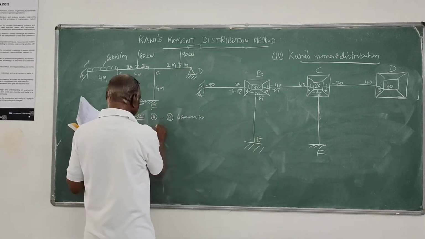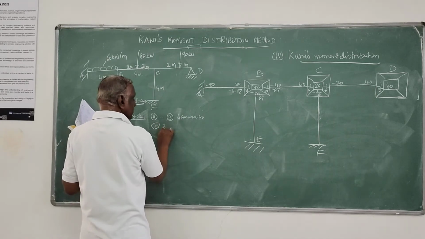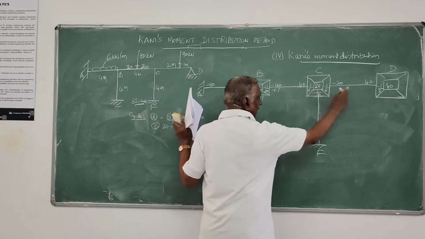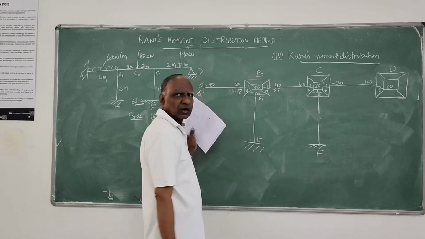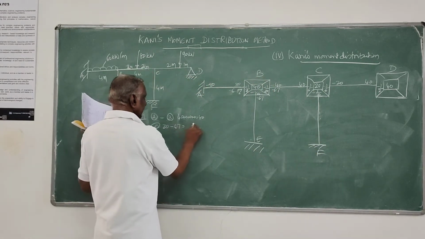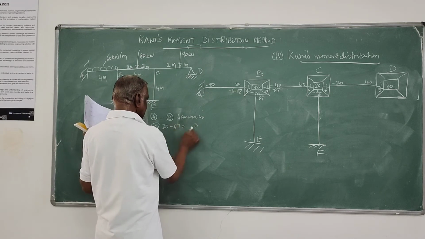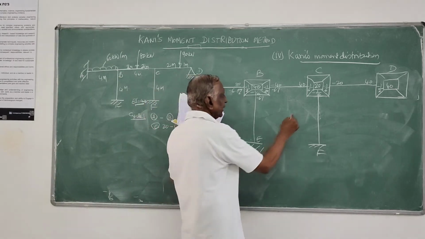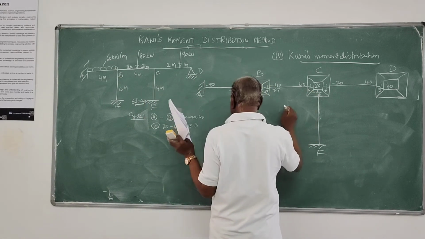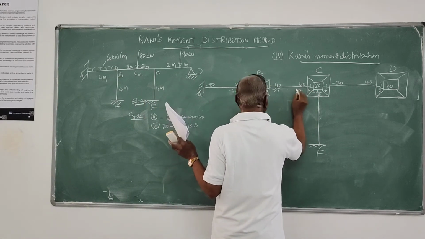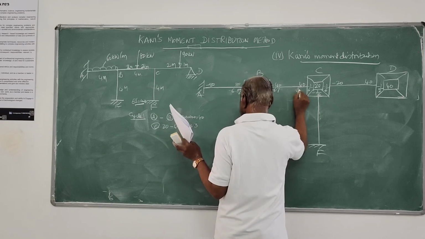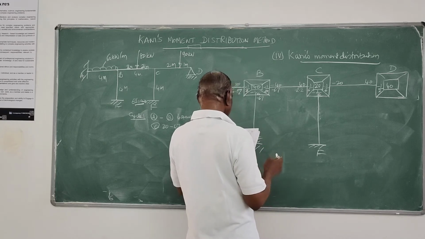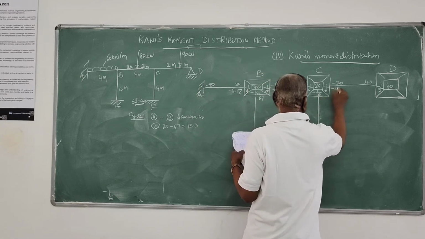Then you go to joint C: it is 20 minus 6.7 only. Here it is 0, and at the further end it is also 0. It is 20 minus 6.7, that is 13.3. That 13.3 divided by minus 6 is minus 2.2.